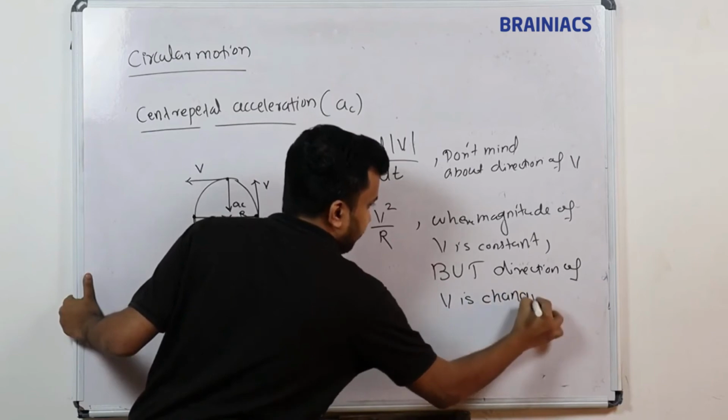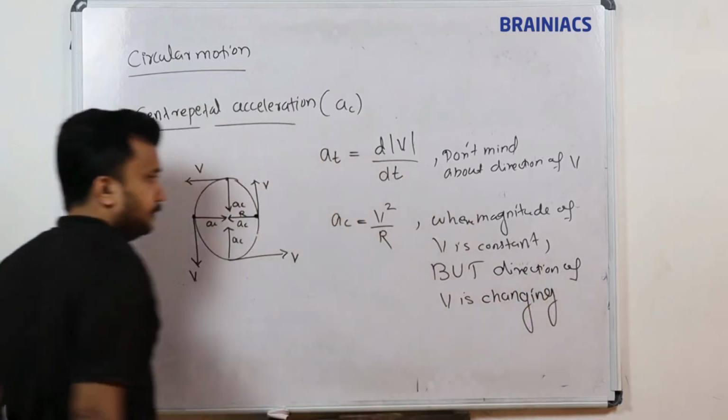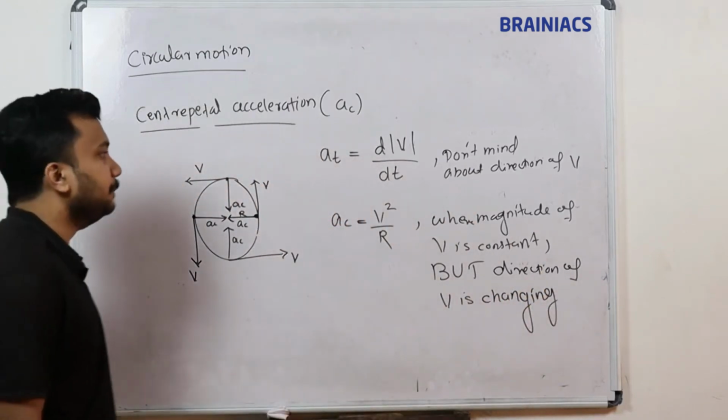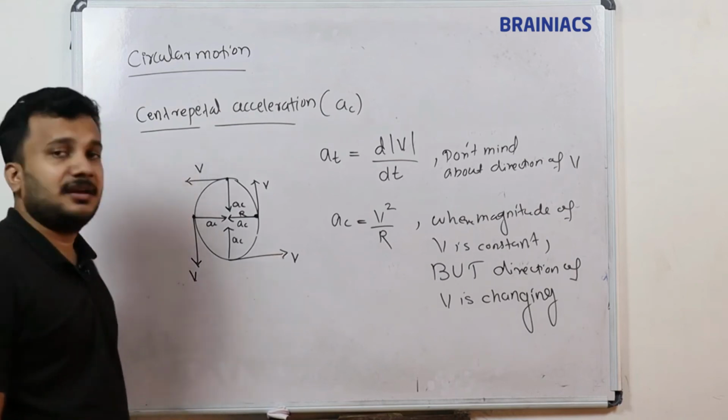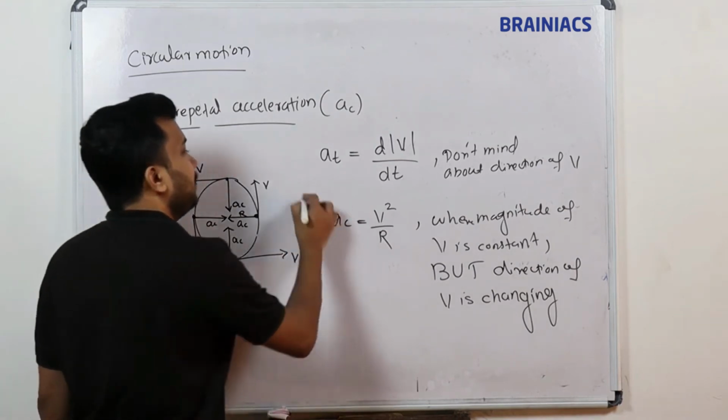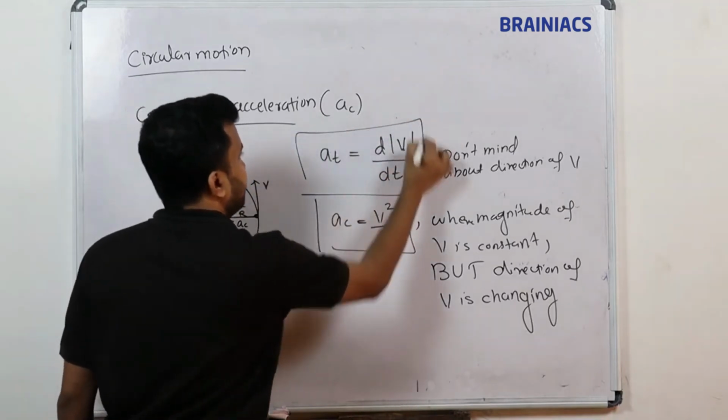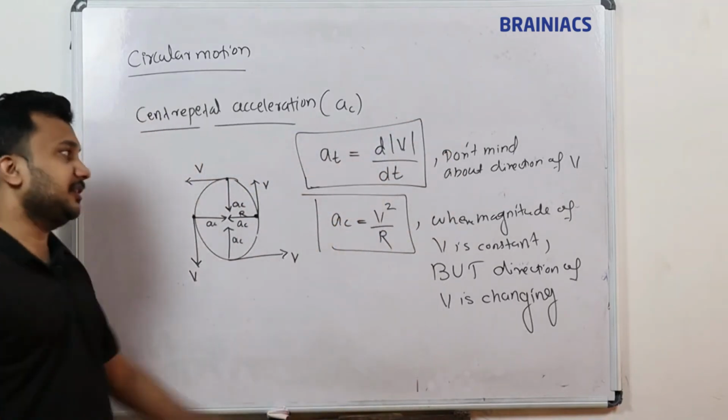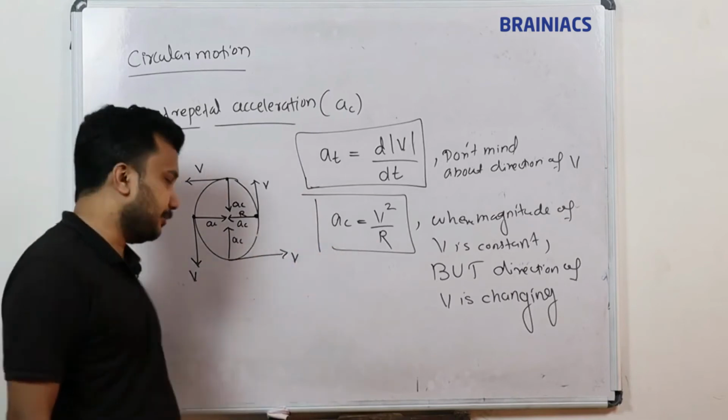If the direction of v is changing, then something called v square by r exists, and that is called centripetal acceleration. This is the tangential acceleration we discussed previously. Now we are at centripetal acceleration, v square by r.